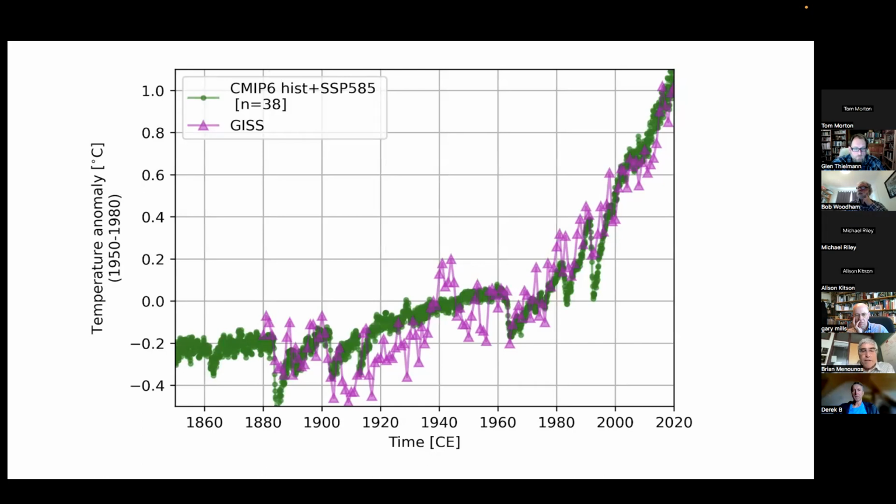This green trace is actually the average of 38 climate models that were reported in the last Intergovernmental Panel on Climate Change report. What's clear is that when you take the average of all of these models under a high emission scenario, that's what SSP5-8.5 represents, it's not going to get the year-to-year variation, but it gets the average and the decadal average quite well.